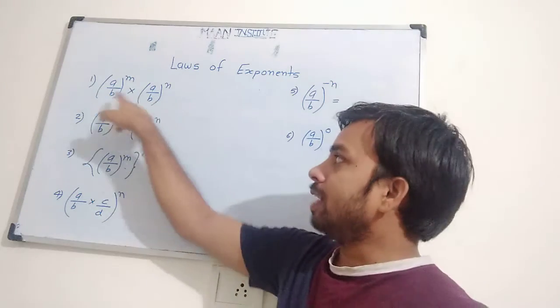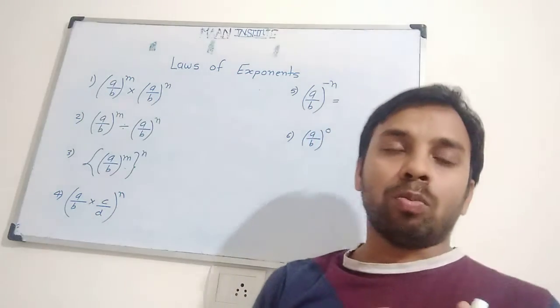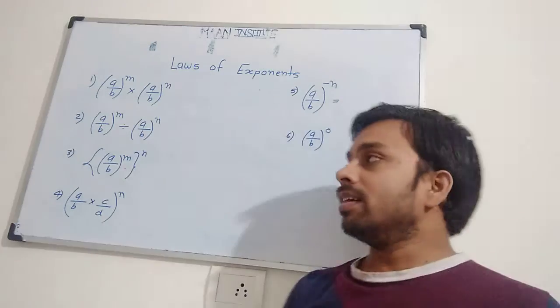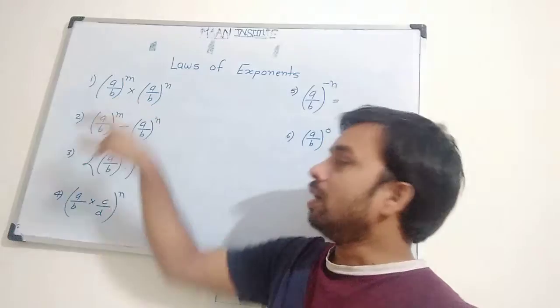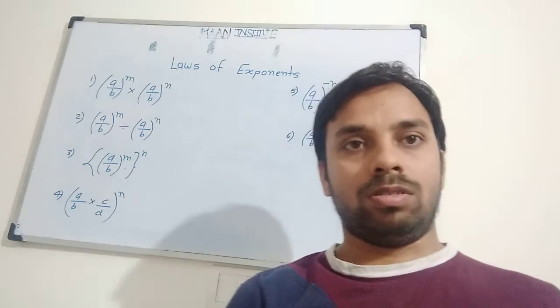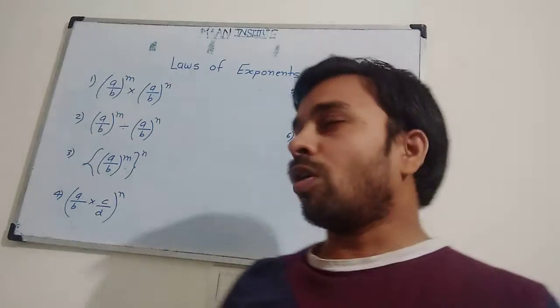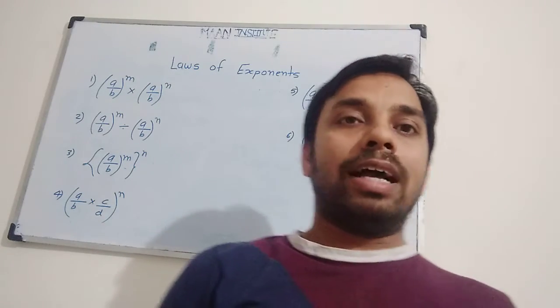Both bases are the same. This is a/b and again this is a/b. Both the bases are the same and there is a sign of multiplication between them. So what we will do, we will just add the powers, or exponents.